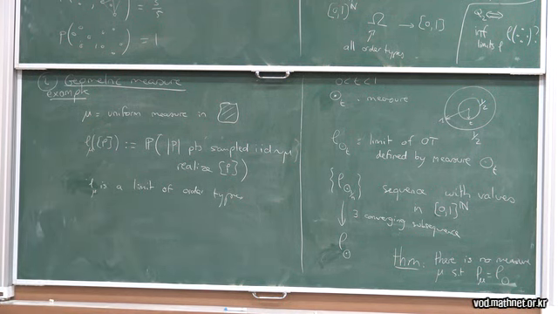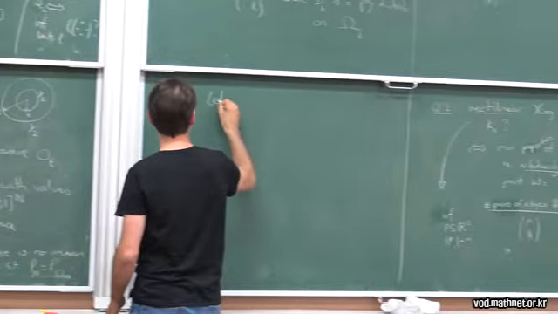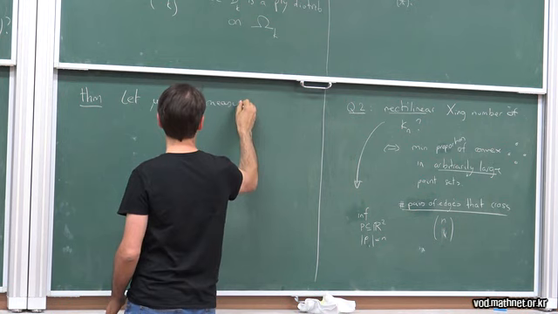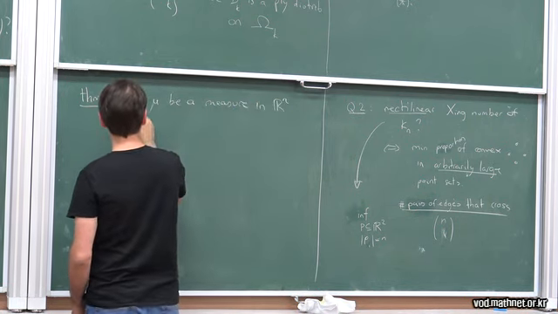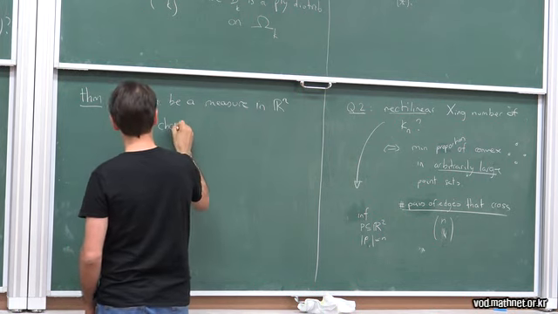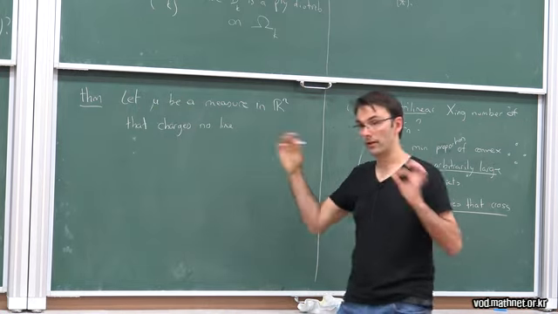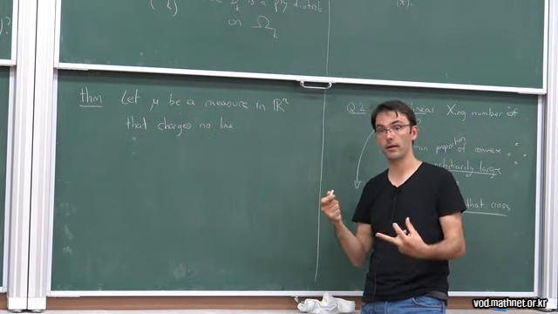There is a good news when you think about that. So let mu be a measure in the plane that charges no line. So again, what I mean is, for any line, the measure on that line is 0. So the probability that 3 points are aligned is 0.